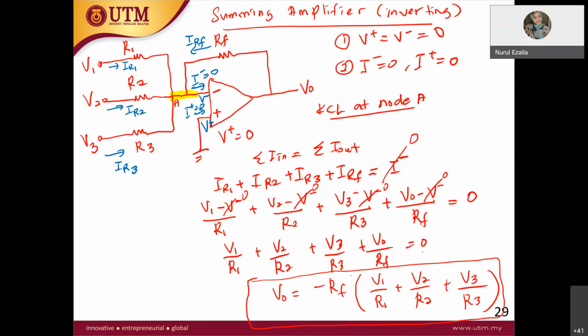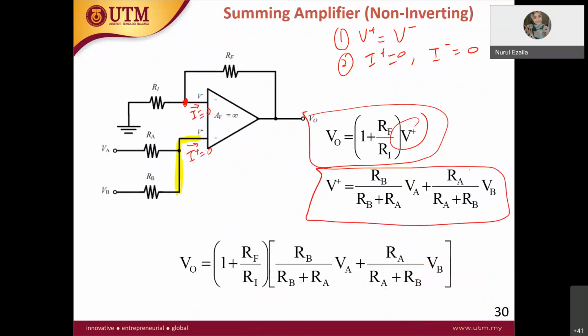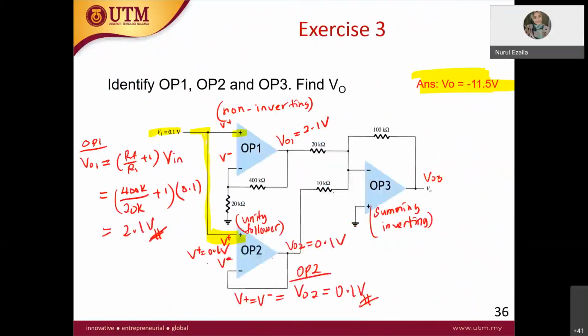So summing, inverting, we have derived it just now. V out equals negative RF times V1 over R1 plus V2 over R2 plus V3 over R3. In that case it has 3 input voltages. For this question, how many input voltages does it have? It has only 2.